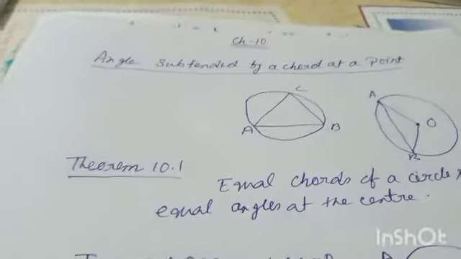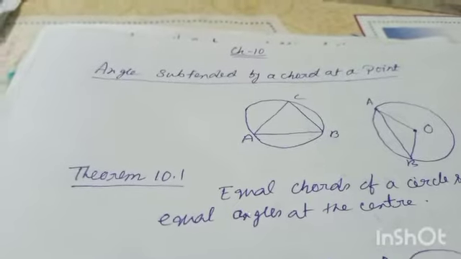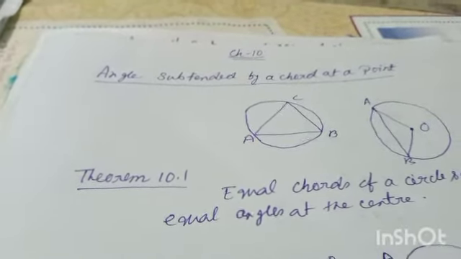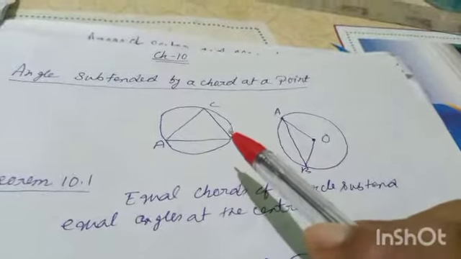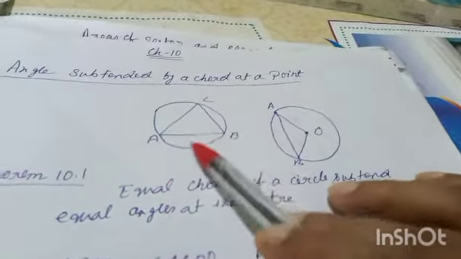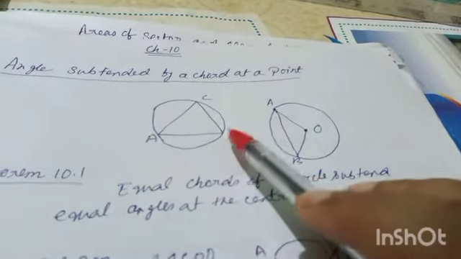Today we are going to learn a new concept, the angle subtended by a chord at a point. First of all, we have to know what is meant by the angle subtended by a chord. Suppose this is a circle and AB is a chord.